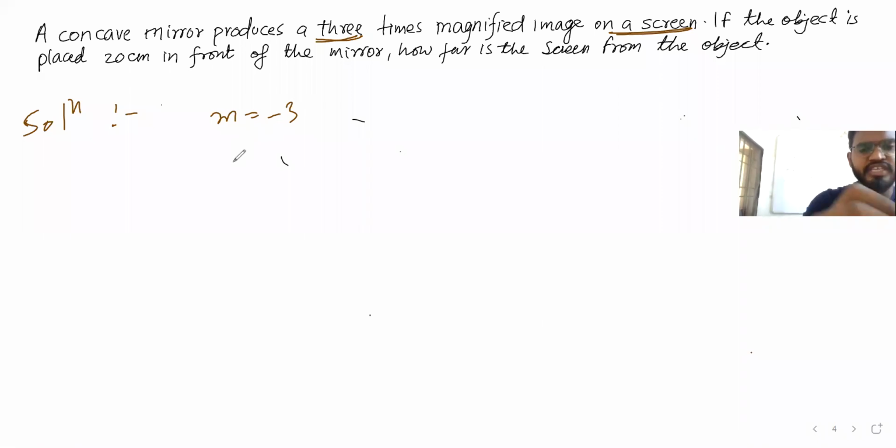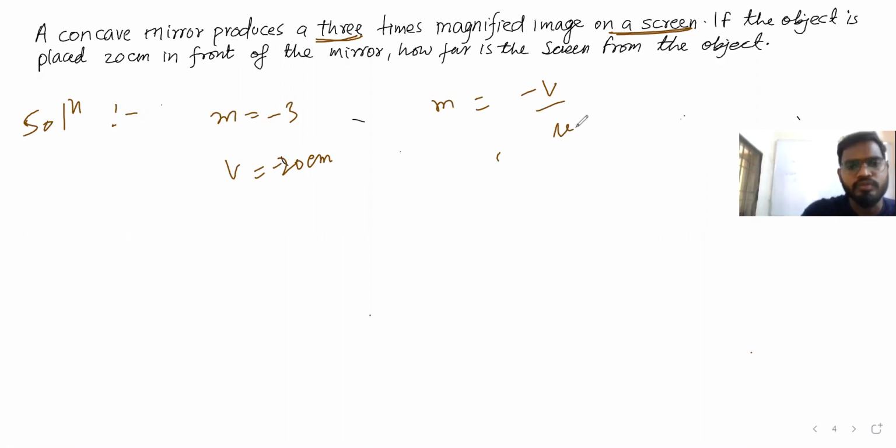So we can say now, if the object is placed 20 centimeter, u is equal to minus 20 centimeter, right, in front of the mirror. How far is the screen placed, right? So now we can say magnification is equal to minus v by u.